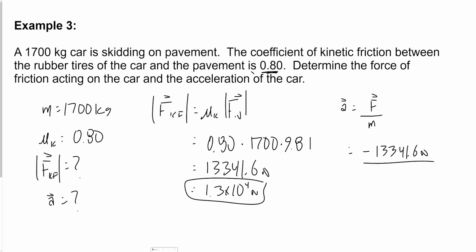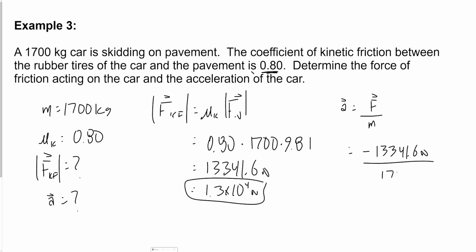This equation gave me the magnitude. If I'm going to put absolute value signs around here, then all I got to do is sub in the magnitude of it, right? But if I'm going to actually find the direction of the acceleration, which I can do, then I have to include the direction of the force, which is opposite to the motion. I'm moving forward, the force is backward. So we're going to make it negative here.